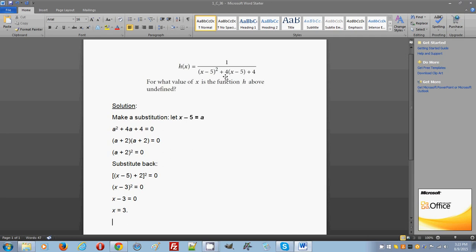And what do you think is going to happen? x squared minus 6x plus 9 is a perfect square because it is x minus 3 squared, equal to 0. So x squared minus 6x plus 9 is the same thing as x minus 3 squared. You set it to 0, and you arrive at the same result. So these are just two ways of doing this problem.